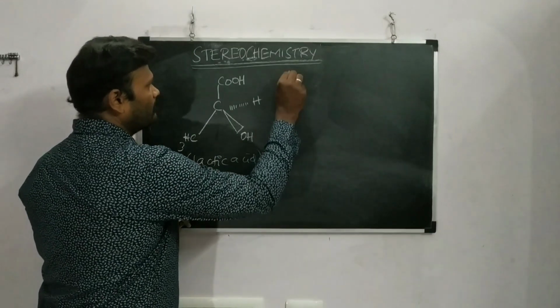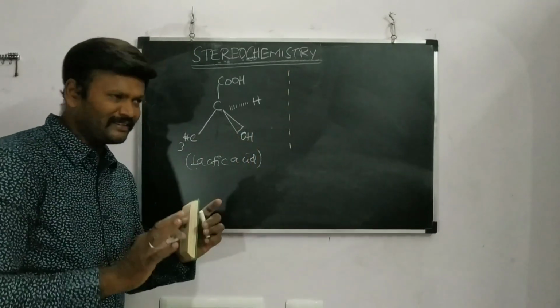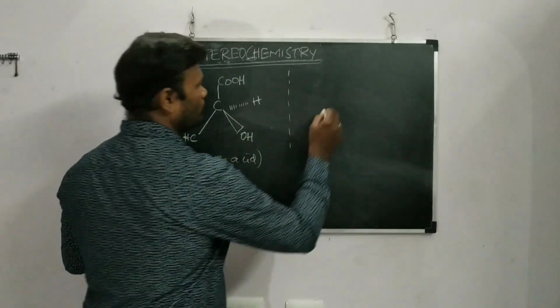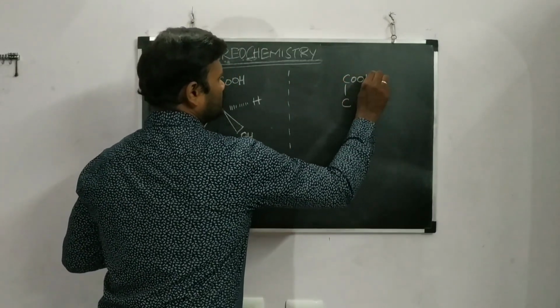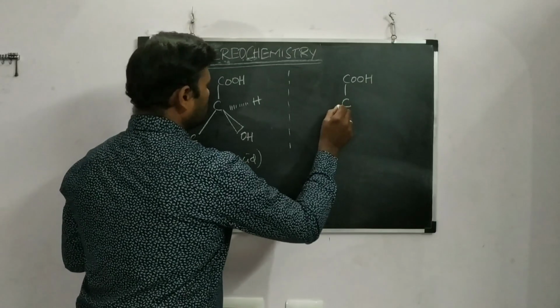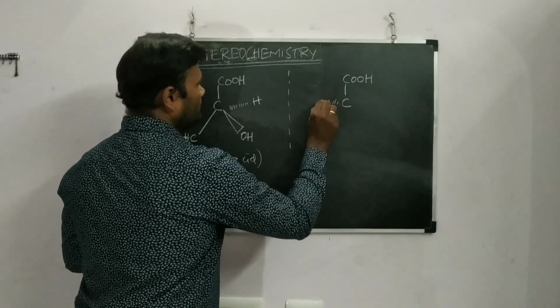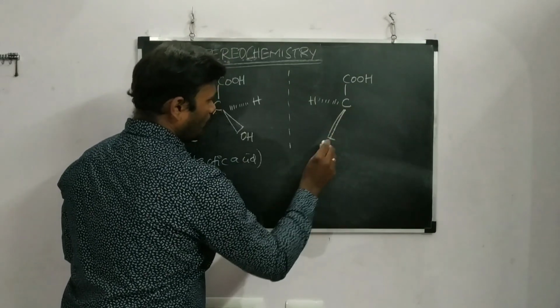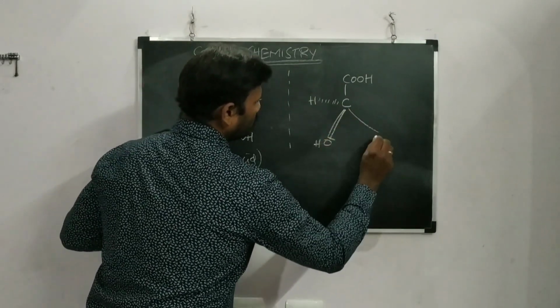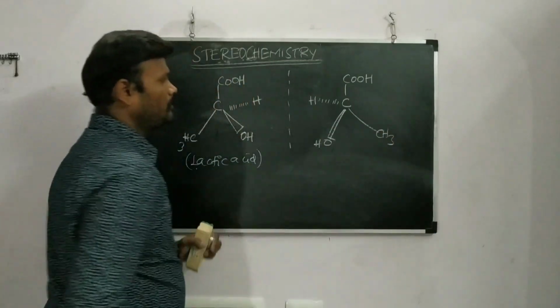Let us consider I am taking a mirror image of this one. What will be the mirror image? Here I will have COOH, here H, here OH, and here CH3. Are you able to understand?